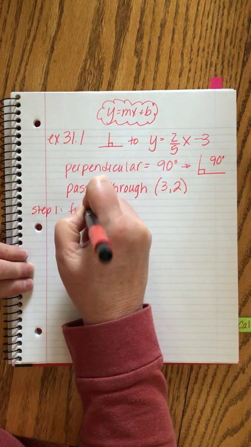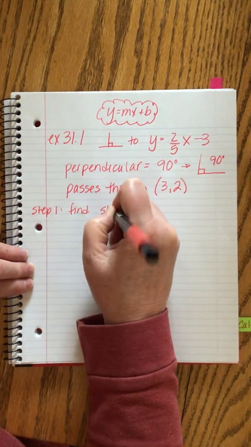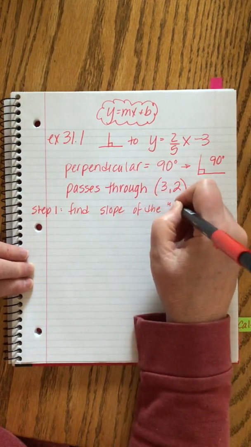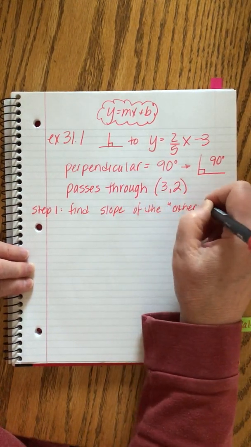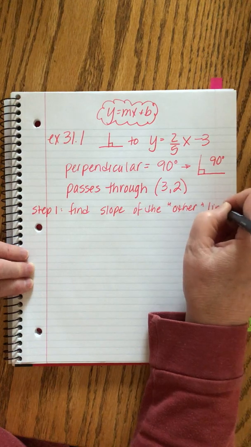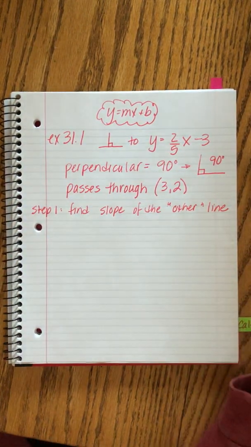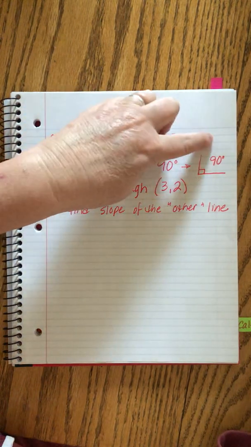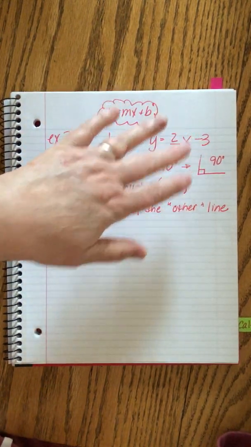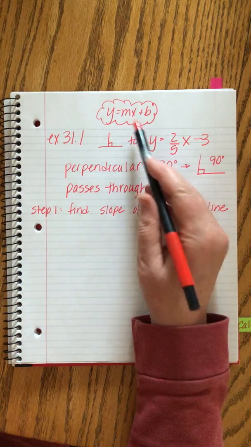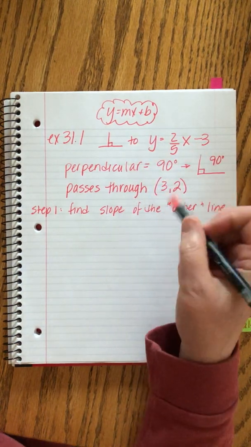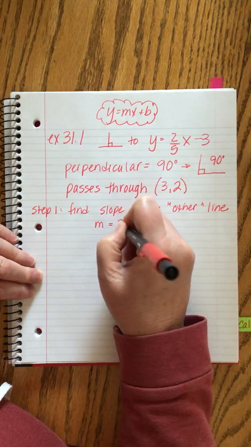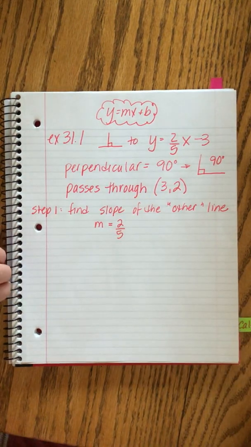is to find the slope of the other line, right? There's our line and then there's this other line that we're using. Well, John was very nice and gave this to us straight. Sometimes we have to rearrange things in order to get it into the proper format, but John was nice this time, and we can see that m equals 2/5.